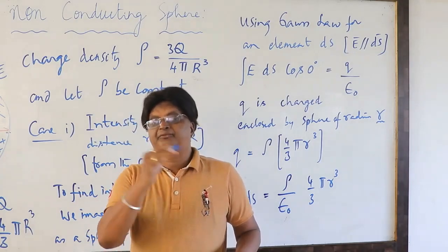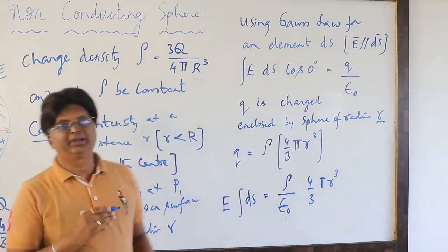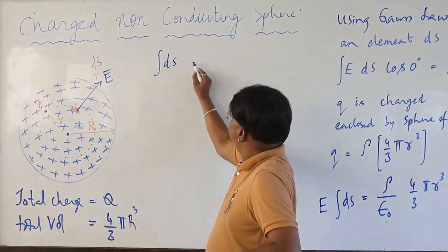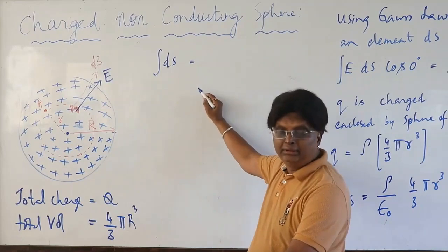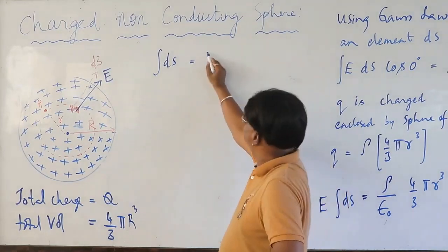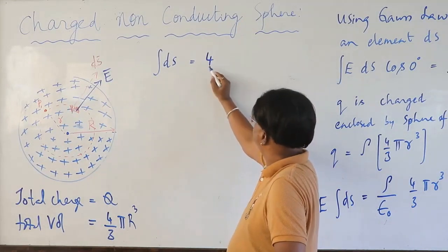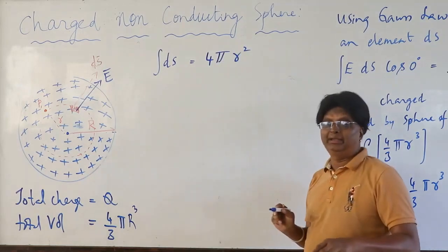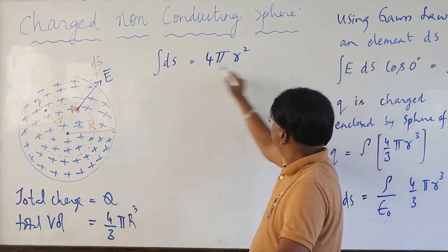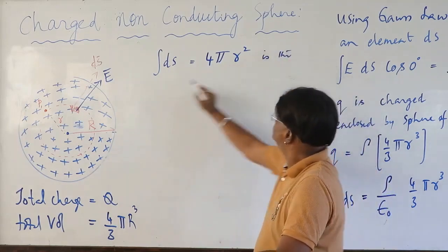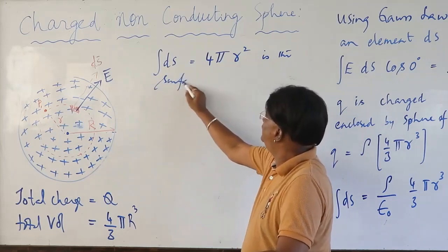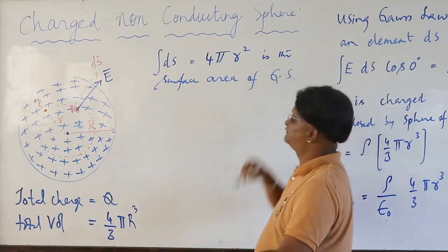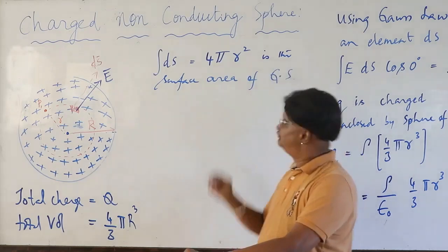Integral ds is the surface area of the Gaussian surface. Therefore, it is 4 pi r square, right? 4 pi r square, the surface area of the Gaussian surface.